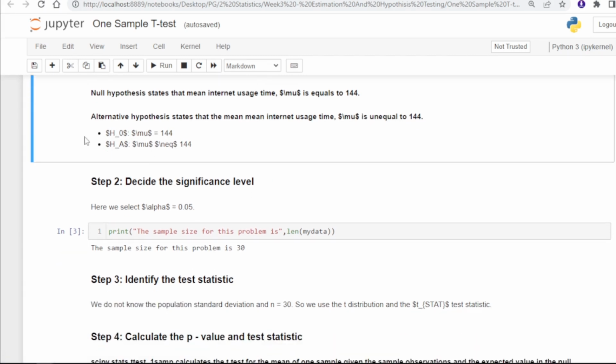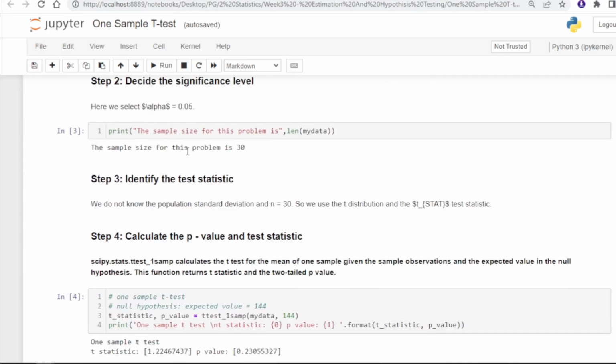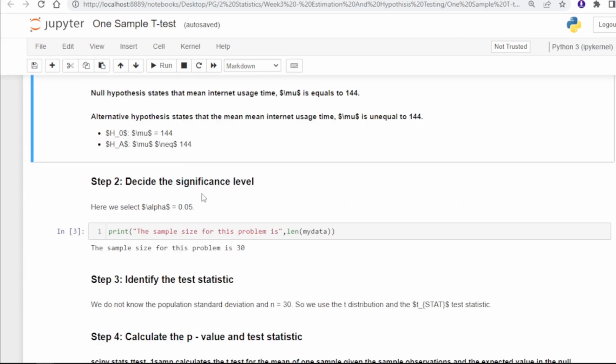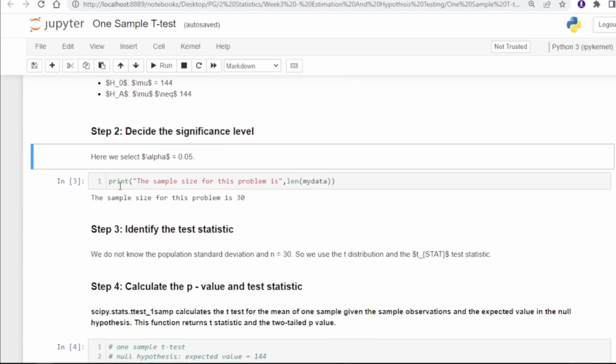So the representation is H0: mu equals 144, and HA, the alternative hypothesis: mu not equal to 144. Now we have to decide the significance level. Here we select alpha as 0.05.